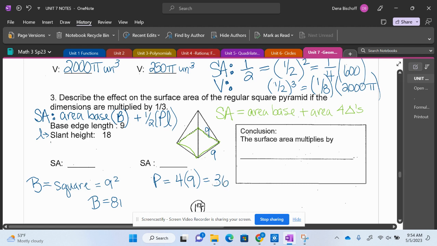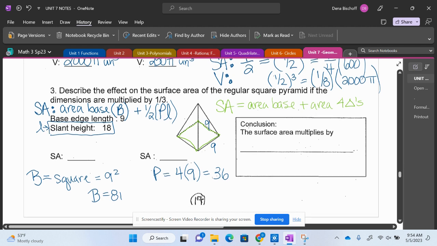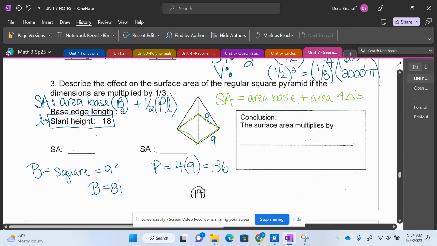The slant height should always be given to you. So that slant height, L, well, it's 18. It's given to us, right? So I'm going to plug it all into this equation. So the surface area equals capital B, which is 81, plus 1/2 times my perimeter times my slant height.